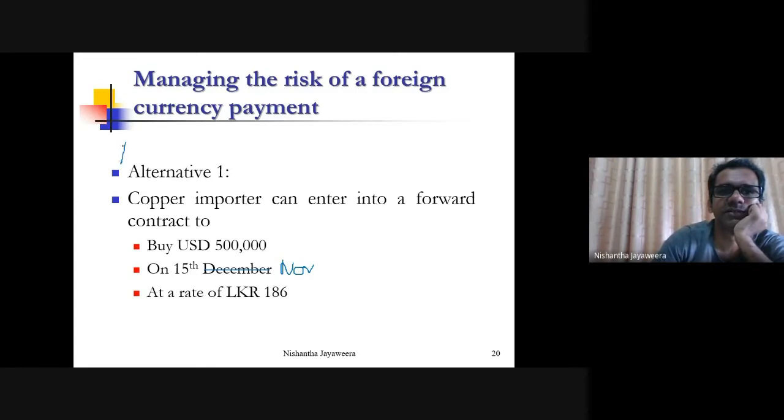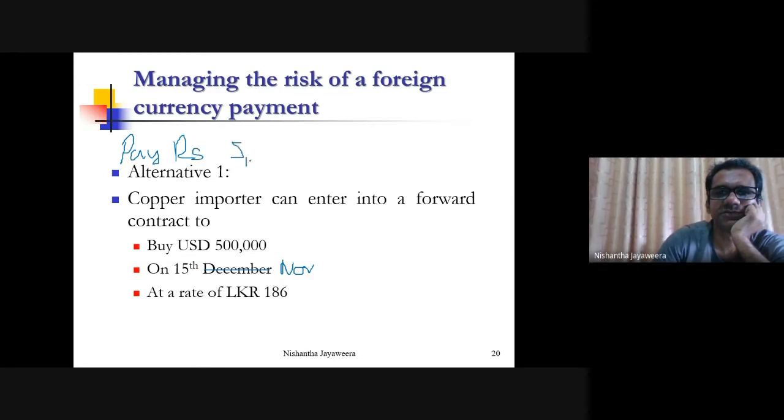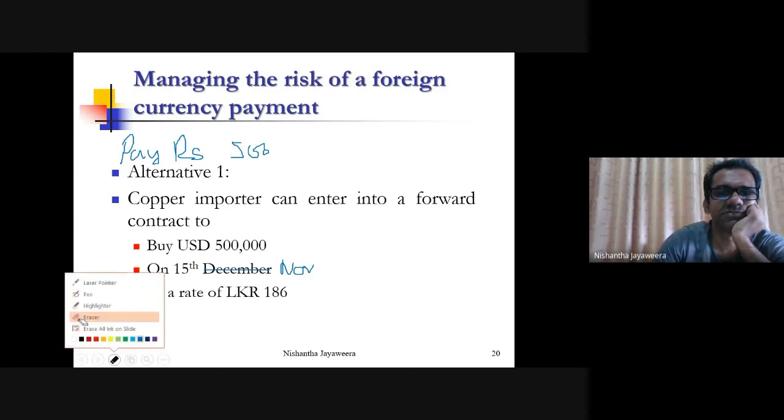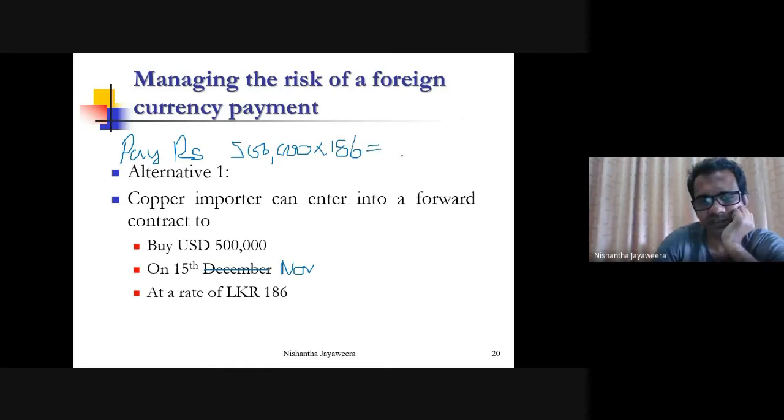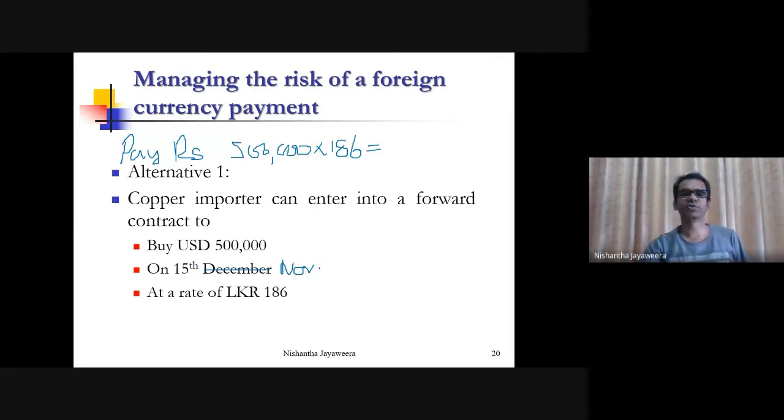You pay rupees 500,000 into 186, which is 93 million, to the bank, and the bank will make the payment of $500,000 to the exporter in China.